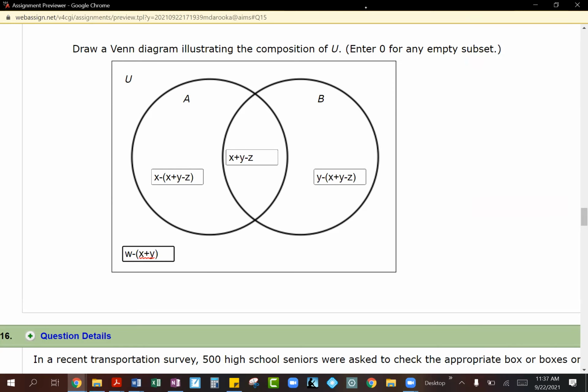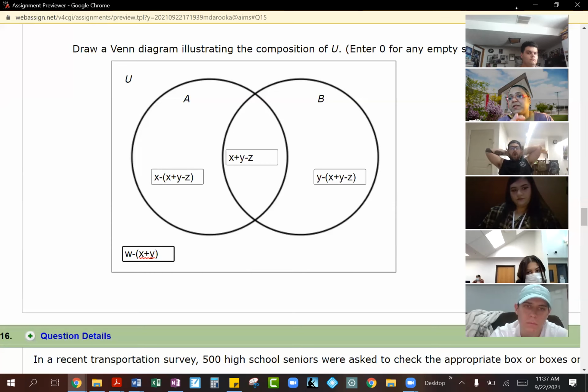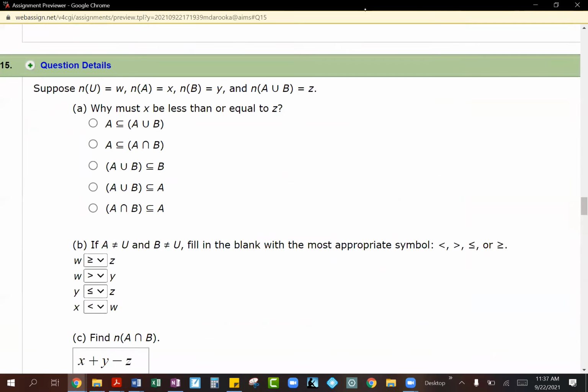But then wouldn't the X plus Y, because you're taking circle A as X and circle B as Y, have a little bit of overlap, because we're thinking there's going to be common elements between the two? Well, the union is both circle A and B. W minus Z?